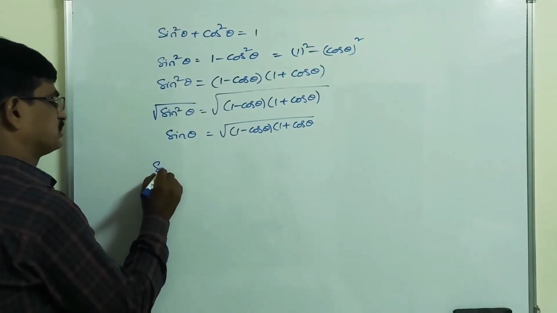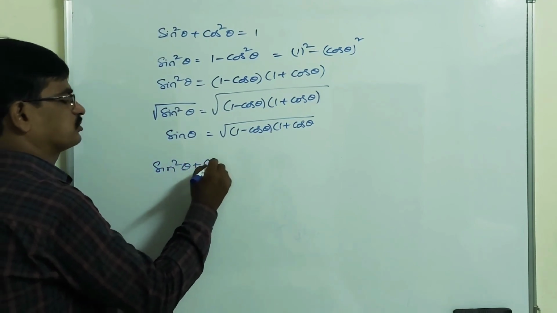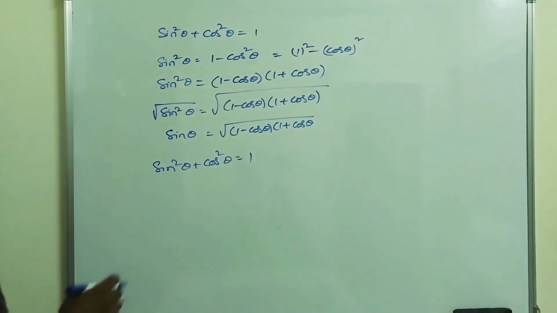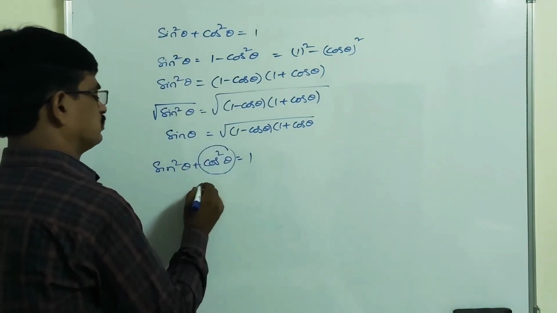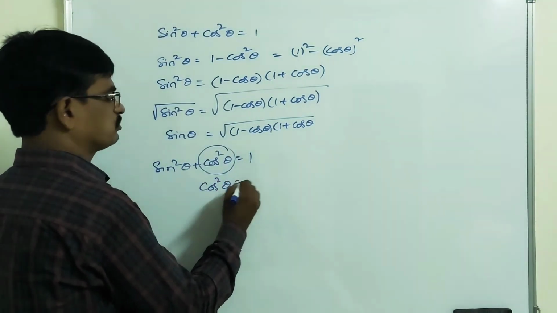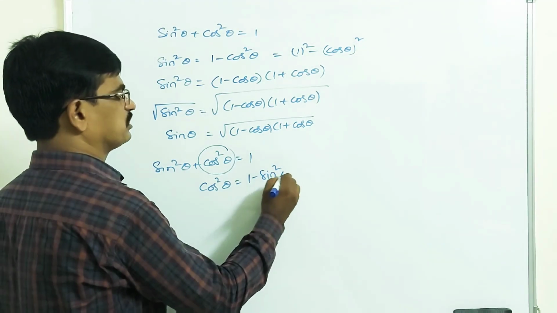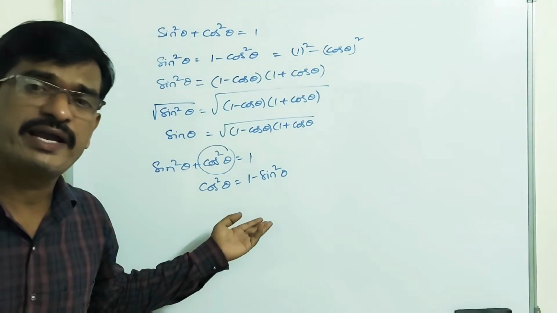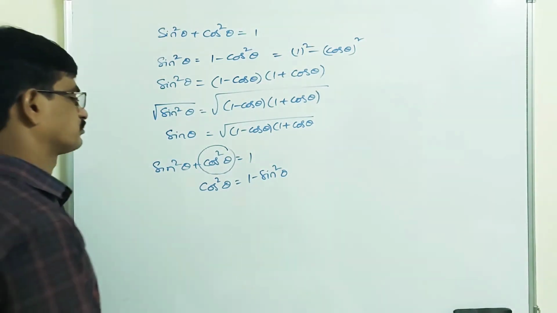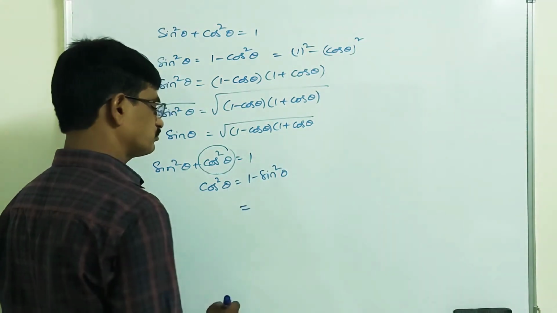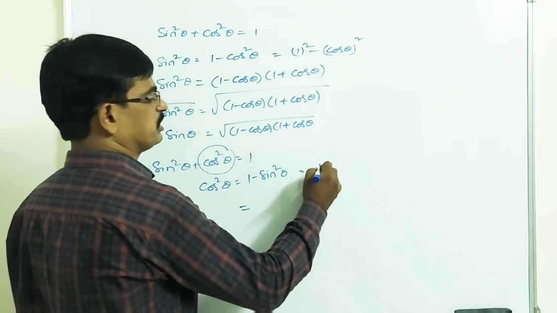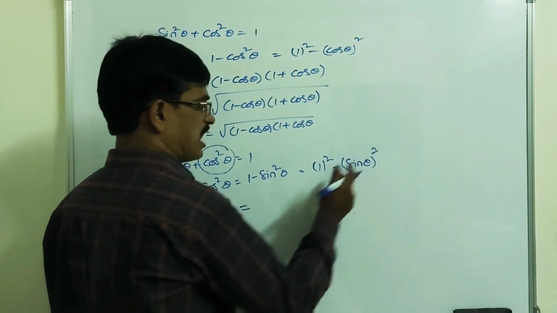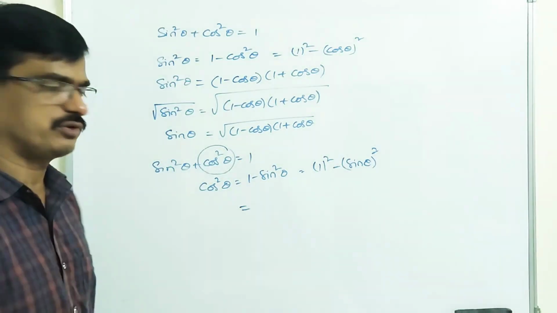Next, in sin square theta plus cos square theta is equal to 1, if you make cos square the subject, then cos square theta is equal to 1 minus sin square theta. This we can also write as 1 square minus sin theta whole square. Again it is in the form of a square minus b square.